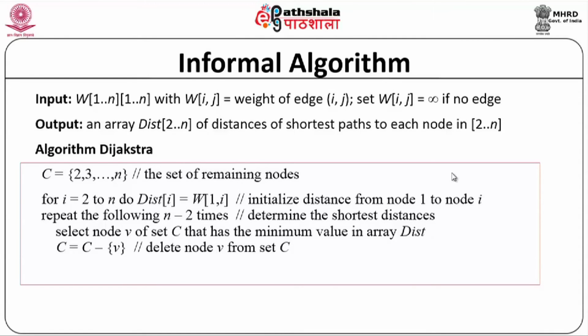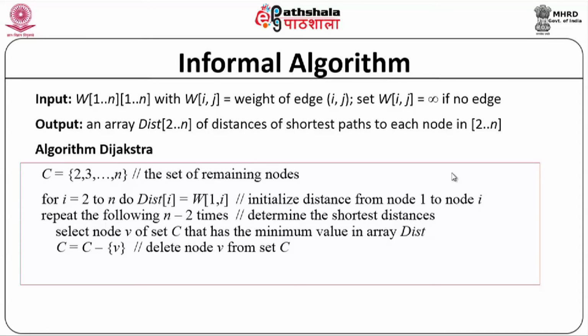So, W is the matrix where W of i comma j represents the weight of the edge i comma j. Its value is going to be infinity if there is no edge present between the source and destination.